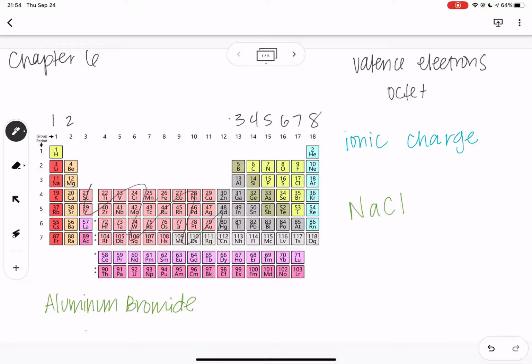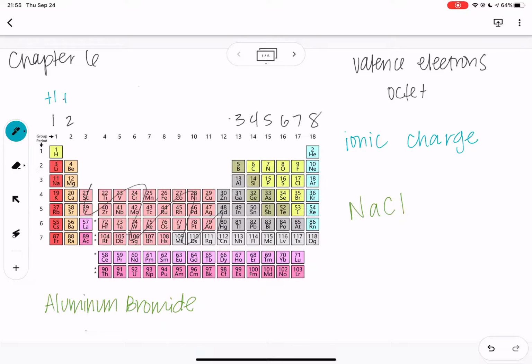So in order to do that, elements are going to, again, gain or lose electrons. And when they gain or lose electrons, they have a charge. And we can predict the charge that they're going to have based on how many electrons they have to gain or lose. So I'm going to fill that in as well.